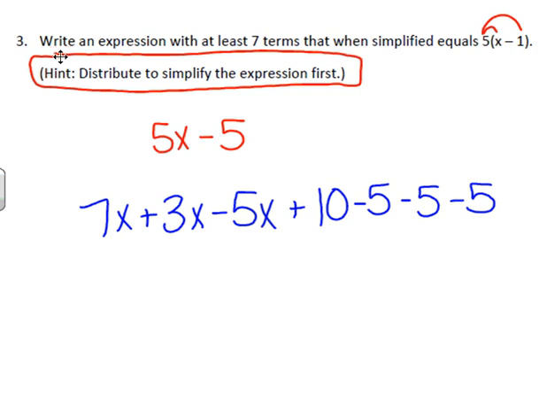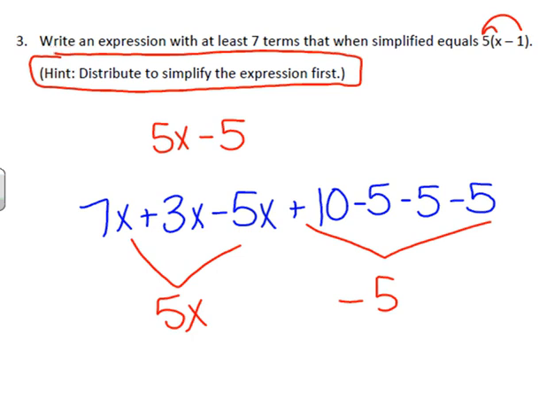Now when I simplify all of this, I get 10x minus 5x, which is 5x. All of these terms, 10 minus 5 is 5, 5 minus 5 is 0, 0 minus 5 is negative 5. So that simplifies to be 5x minus 5. So you can pick your own terms, be a little bit creative, but you don't need to do much more than that.